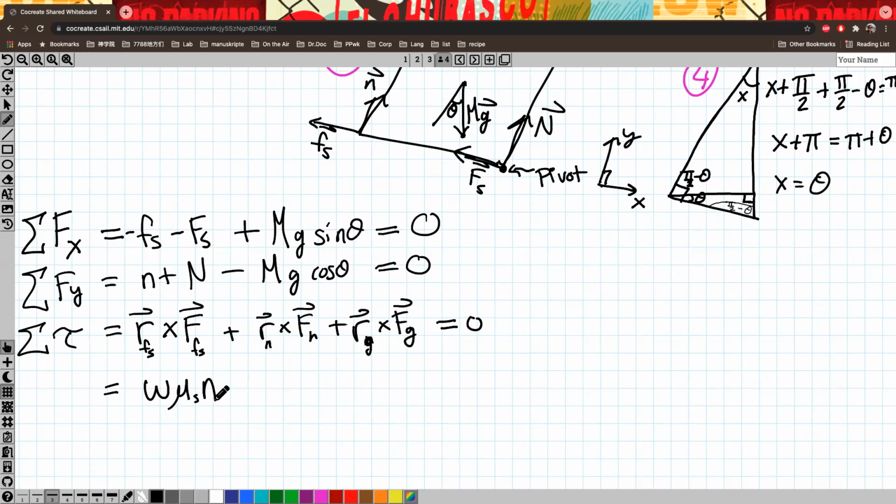And is that positive or negative torque? They want us to do counterclockwise as positive, so why don't we do that? So this friction, is it going to cause it to rotate clockwise or counterclockwise?